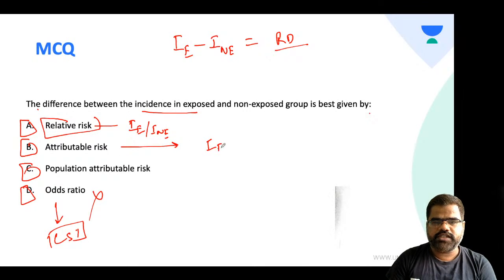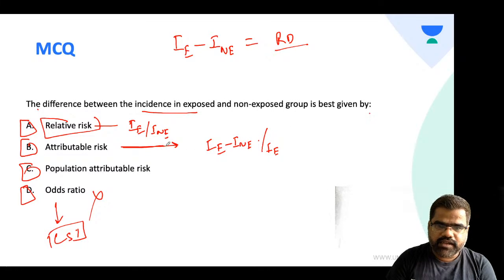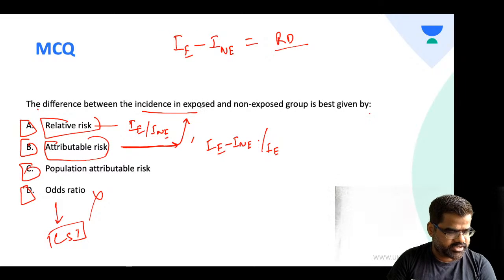So it is incidence among exposed minus non-exposed, and you are expressing this in percentage, and the denominator is exposed incidence. So this fits here. So the best option to this question is attributable risk. So go with attributable risk as an answer, right?